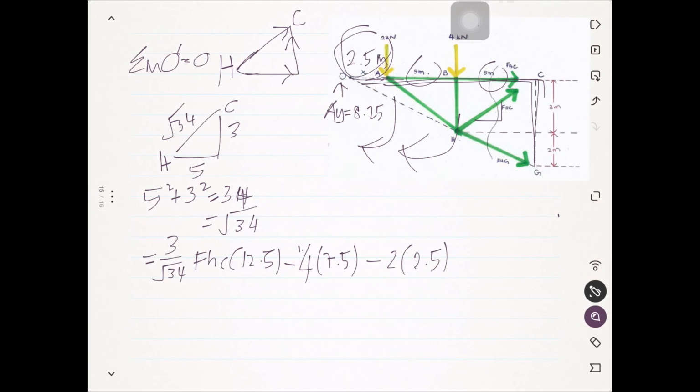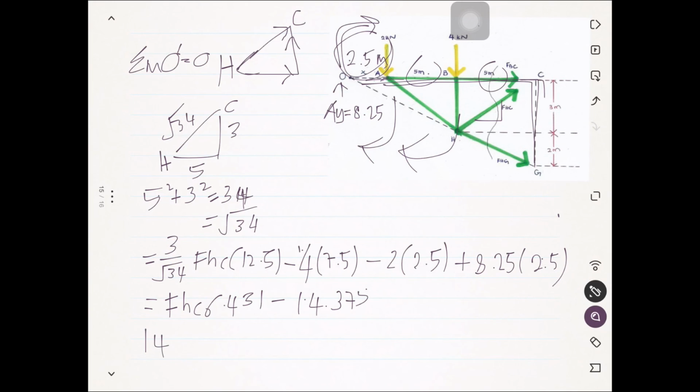At AY, anti-clockwise means positive, 8.25 times 2.5. Equal to FHC 6.3431 minus 14.375.